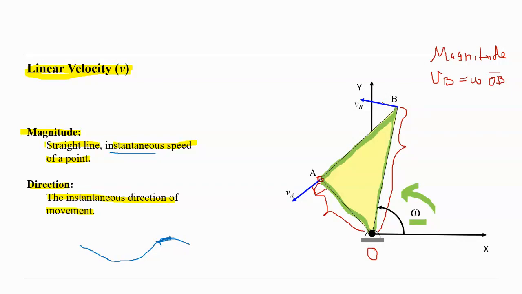The direction we know already, VB direction in that direction. And same for VA. VA is also, magnitude-wise, equal to omega times OA, this length.